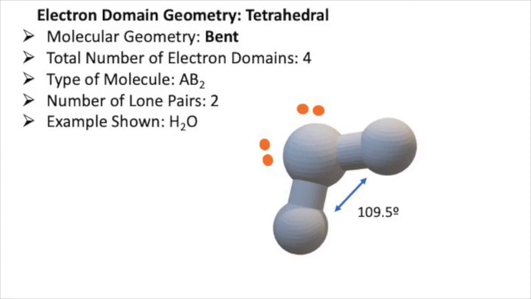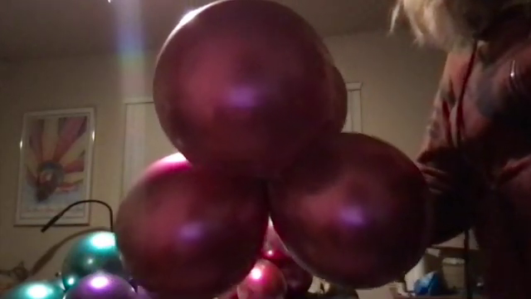The total number of electron domains here is 4, because there are 2 lone pairs. On the next slide, there are 2 hydrogen atoms connected to the oxygen atom, and then 2 lone pairs attached to the oxygen atom as well, which creates 4 total electron domains and gives it the tetrahedral shape. The angle for each of the lobes of the electron domains is about 109.5.